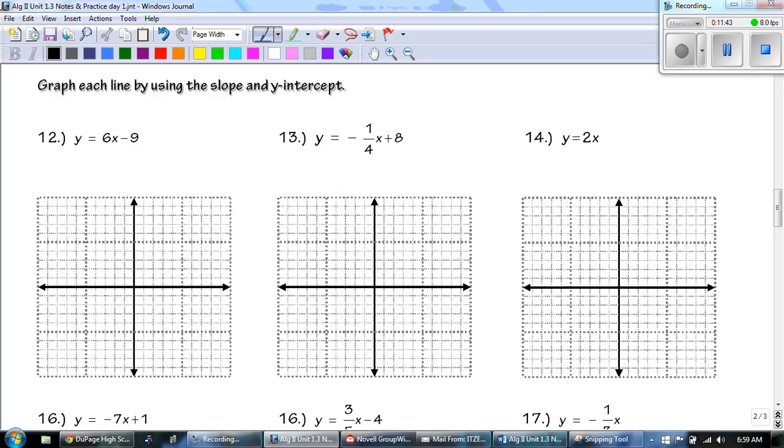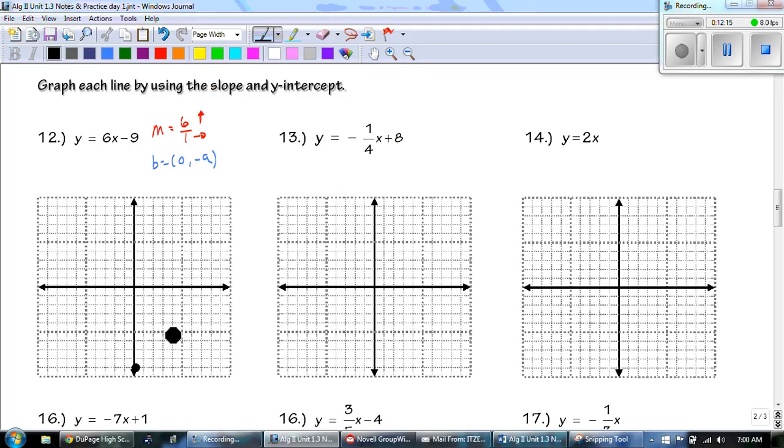So here we go. We're going to do a couple more together, and then I'll let you do some on your own. Okay? So number 12. My slope is 6, and remember that's 6 over 1. So I'm going to go up 6 and to the right 1, and my y-intercept is 0, -9.